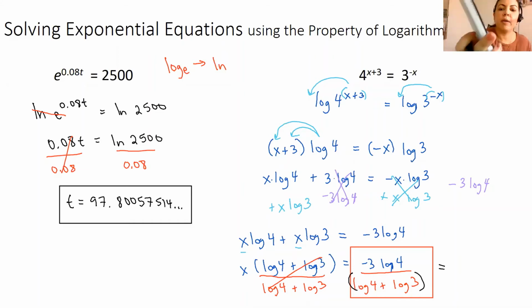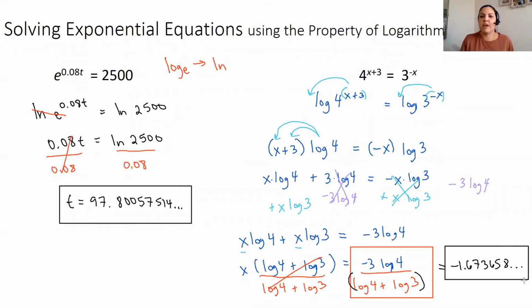And then when I press enter, we get our rounded solution. And so this is approximately equal to negative 1.673658, if I kind of round it. So we have the exact solution written as this fraction, or we have the approximate rounded solution.